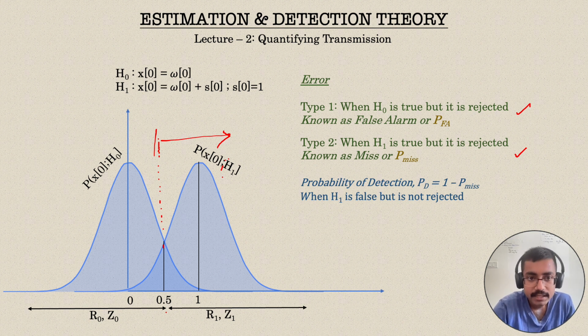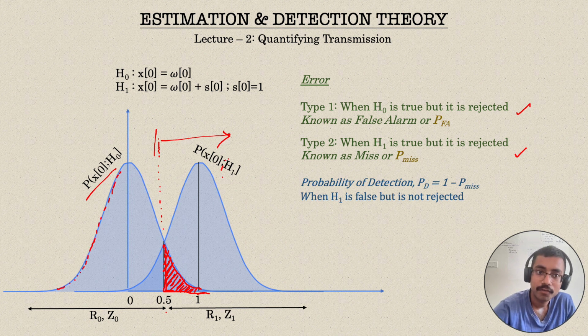But here is a region where there is always a possibility that the observation comes under H0, the P of x0, where hypothesis H0 is given to be under this. So for example, it is always possible that we detect a signal, but there was no signal sent in the first place. Okay. Are you getting this point? I have the probability distribution of this curve. This entire curve represents that the signal was not sent.